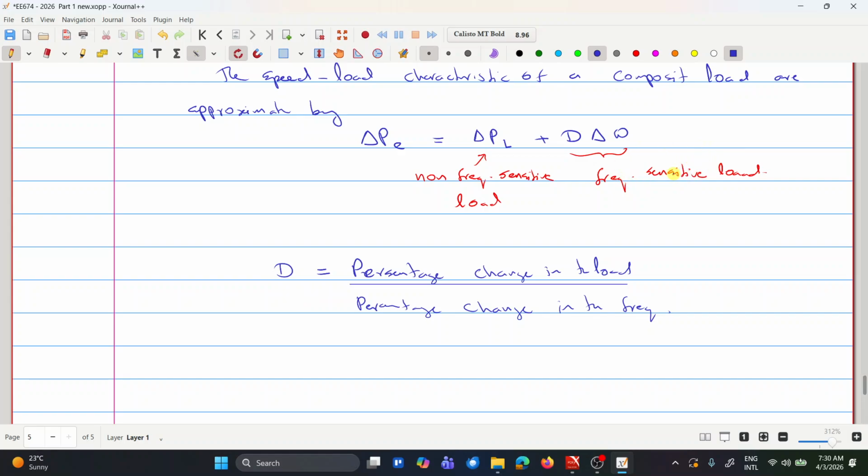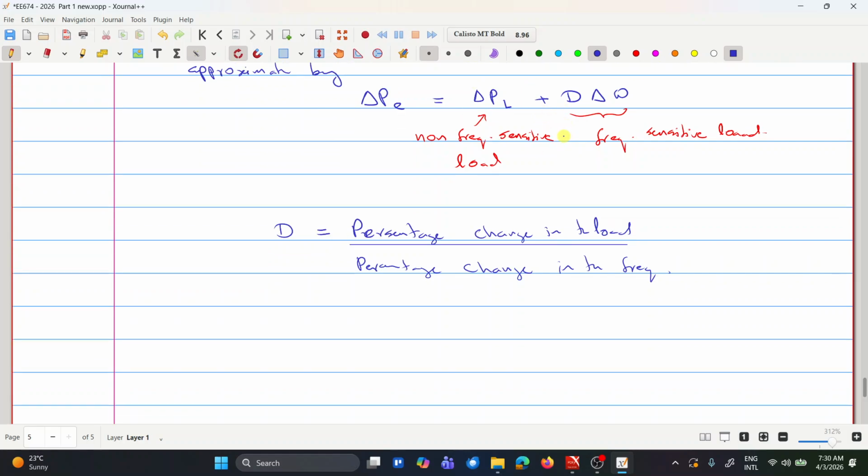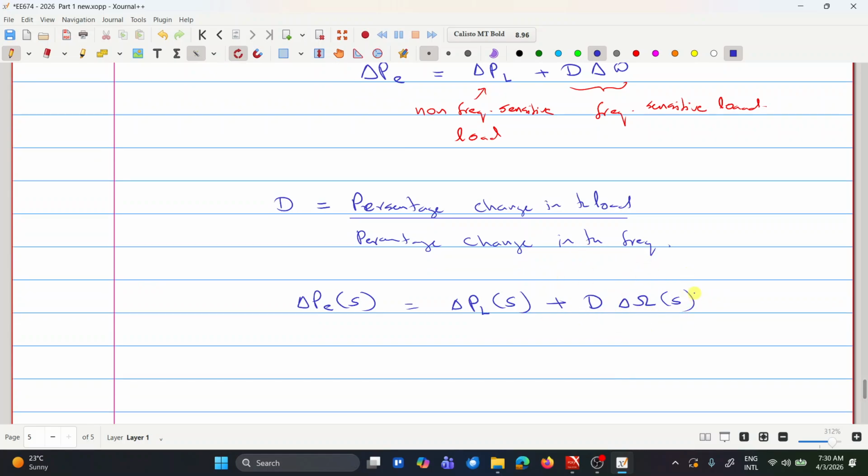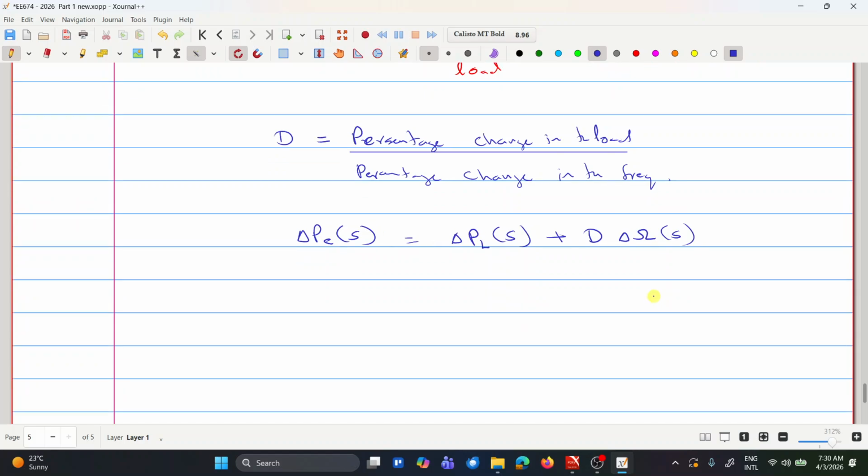So in the Laplace domain we can write this equation. Delta PE, the change in the electrical power, is equal to delta PL, the change in the non-frequency sensitive load, plus D delta omega S, which is sensitive to the change in the speed.